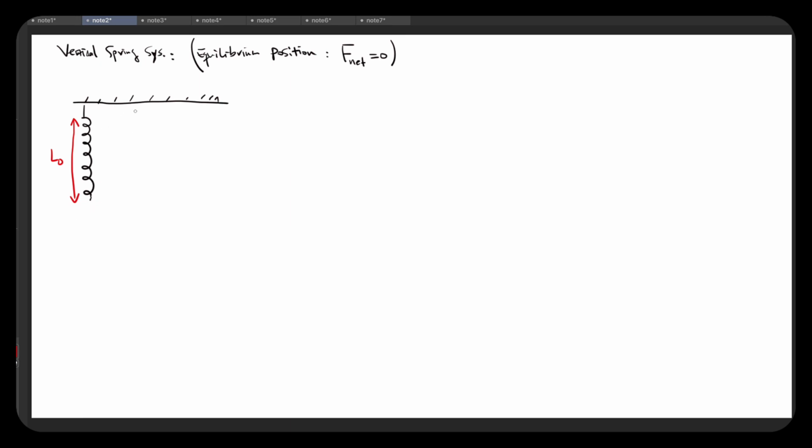Now let's put on a mass m, and let the spring stretch to a new position due to gravity mg, and then stop. I'm going to say that this position is the equilibrium position for the vertical spring, not the original length of the spring, but this position here. I'm going to set the origin here, and then I will explain why we do this.